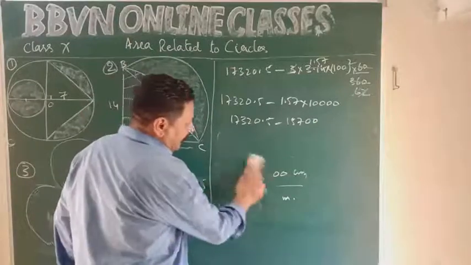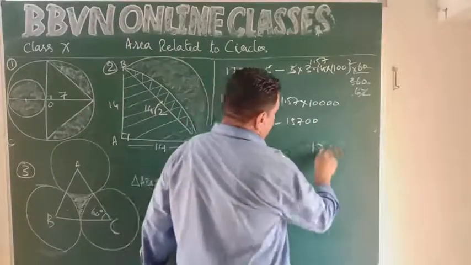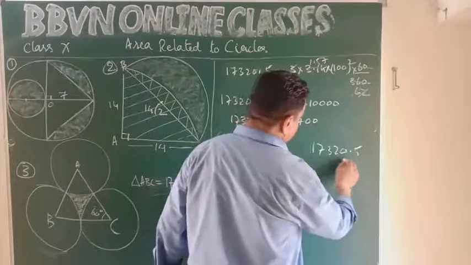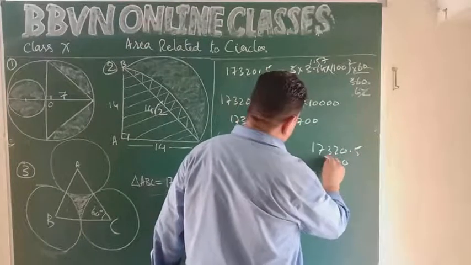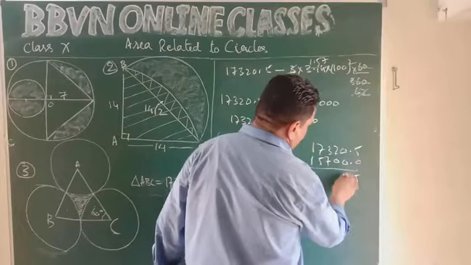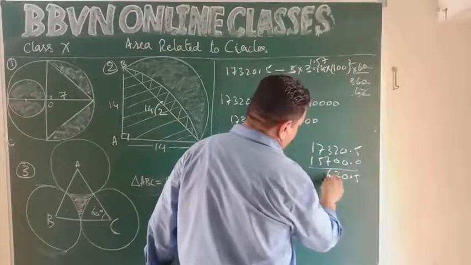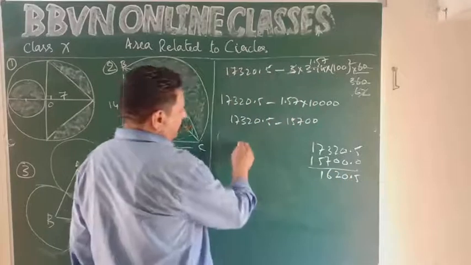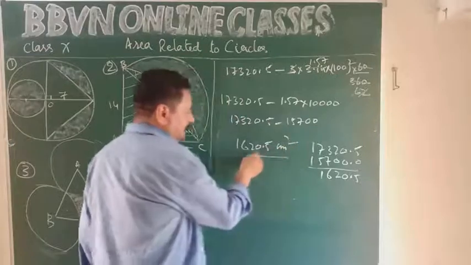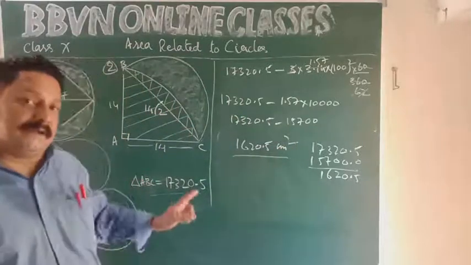So we can subtract this. We get 1620.5 centimeters square. This is the area of the shaded portion.